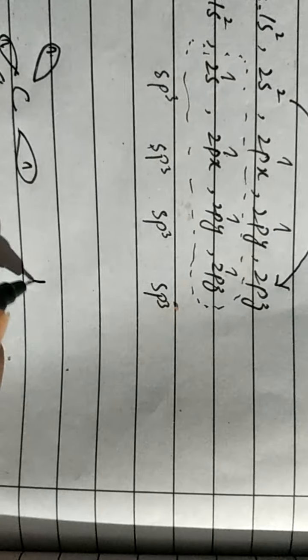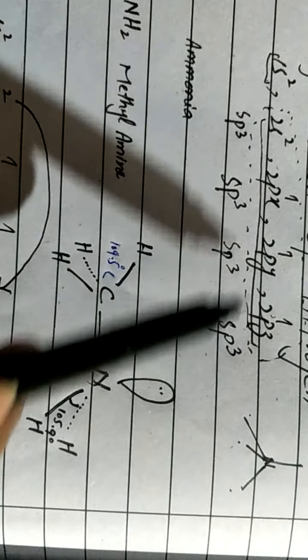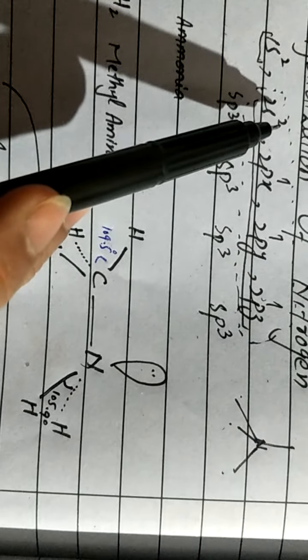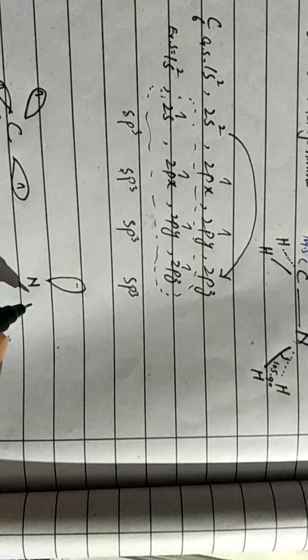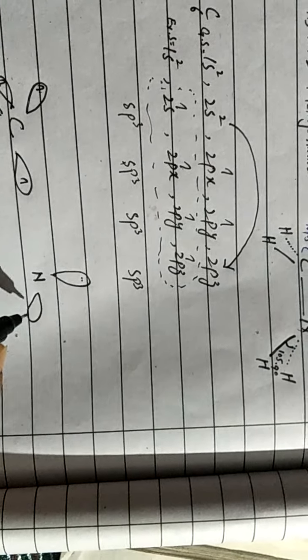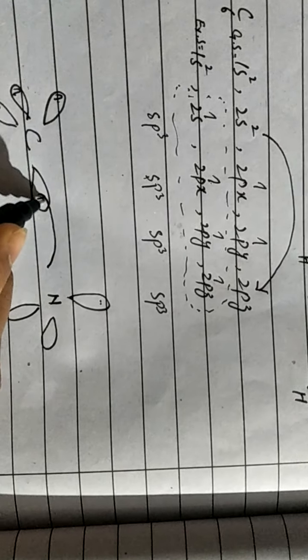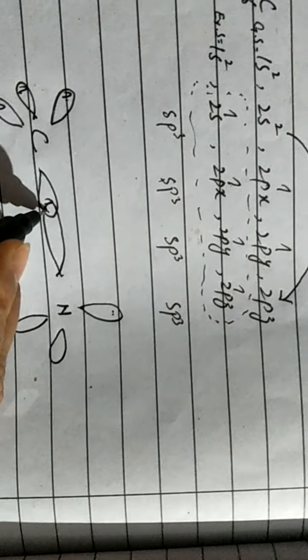And nitrogen also has 4 sp3 hybrid orbitals. One of them contains 2 electrons, and the other 3 sp3 hybrid orbitals will show linear overlap forming the sigma bond.